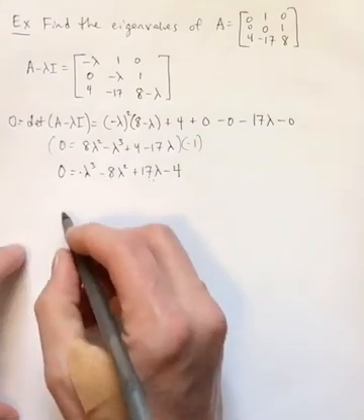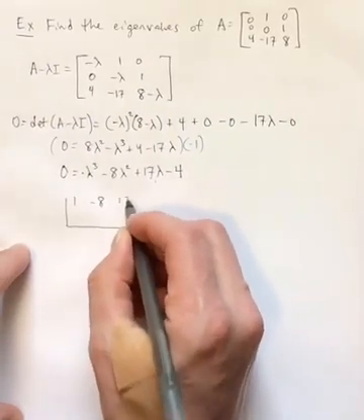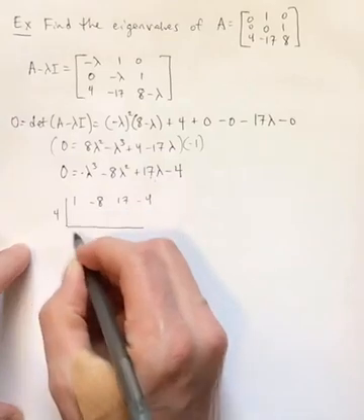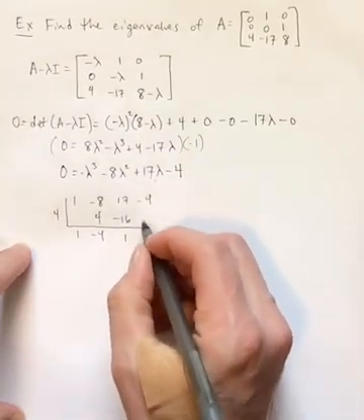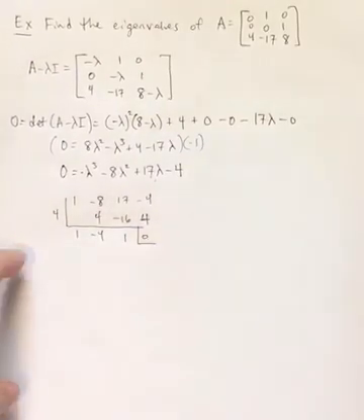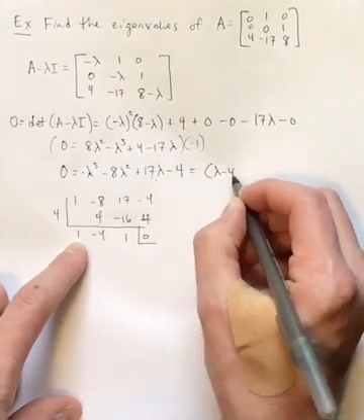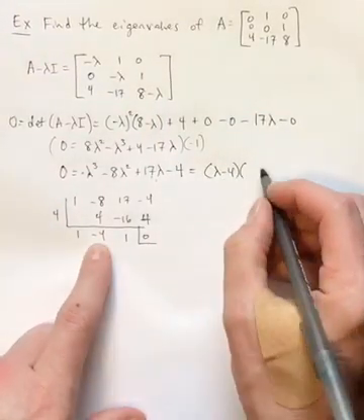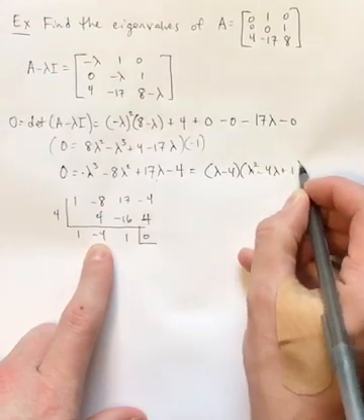So 4 does in fact work, and I'll just run that through synthetically to see what I'm left with. All right. So that means that this is lambda minus 4 times, and here's what we're left with, lambda squared minus 4 lambda plus 1.